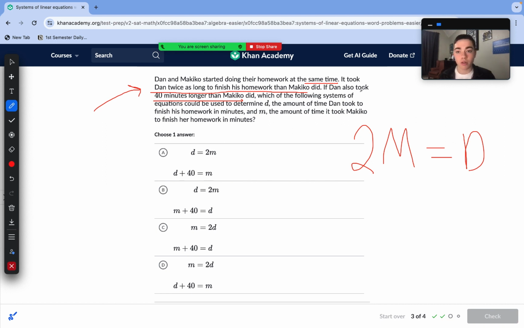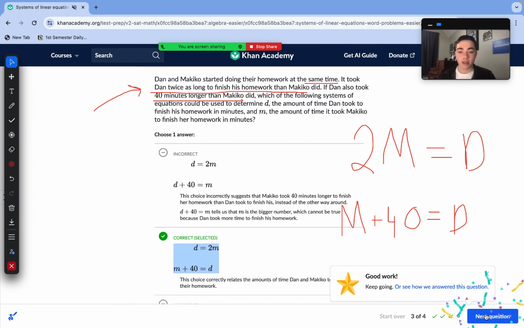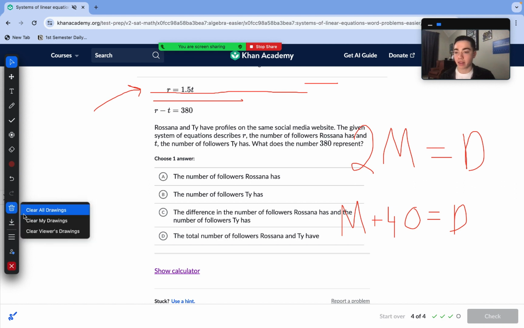And now we have Dan also took 40 minutes longer than Makiko did. So if we have Makiko's value and we add 40 to it, then we're going to find Dan's value. And that's all we needed to do here. So D equals 2m and D equals m plus 40. Answer choice B is the correct answer.